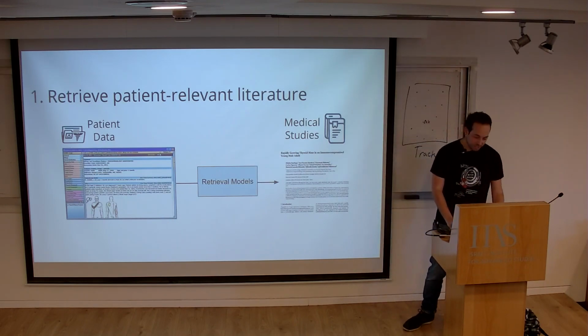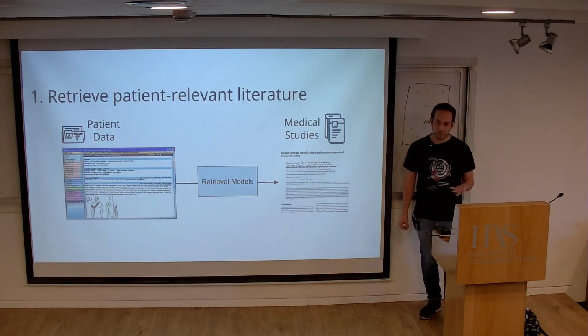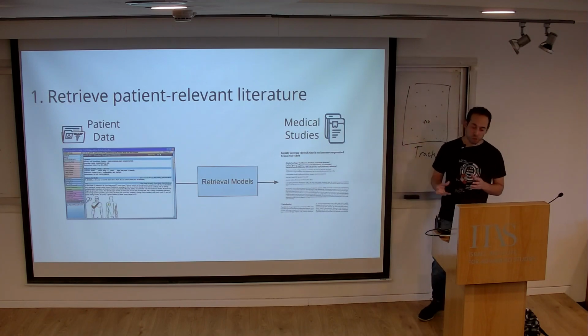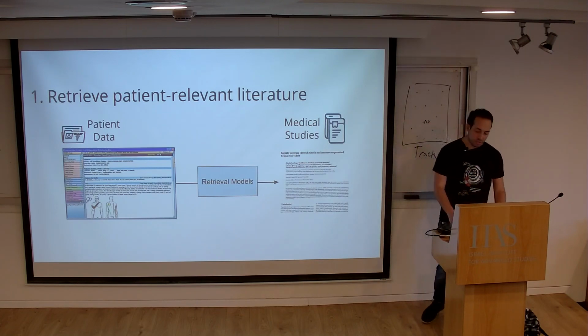Okay, so to build BEEP, our Biomedical Evidence Enhanced Prediction, we need an ability first to retrieve patient-relevant literature. So we take the patient chart, and we want to use information retrieval or search technology that finds medical studies relevant to each specific patient.